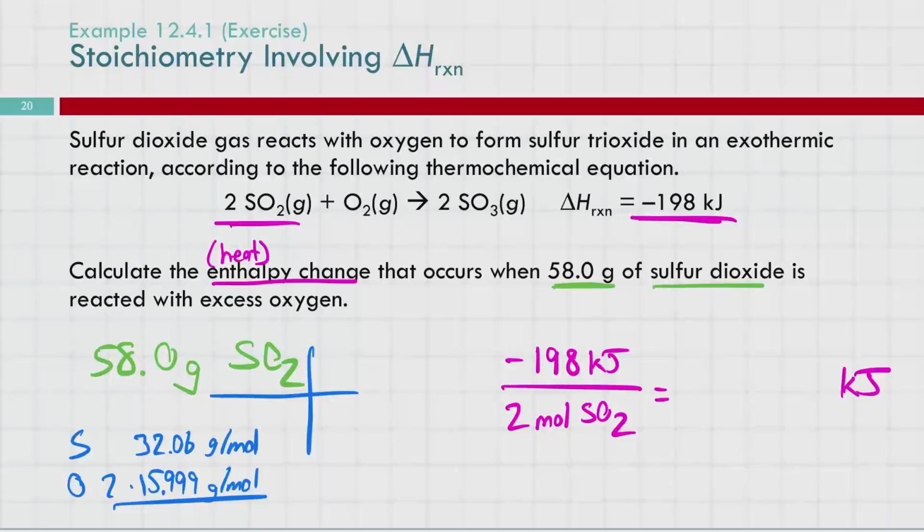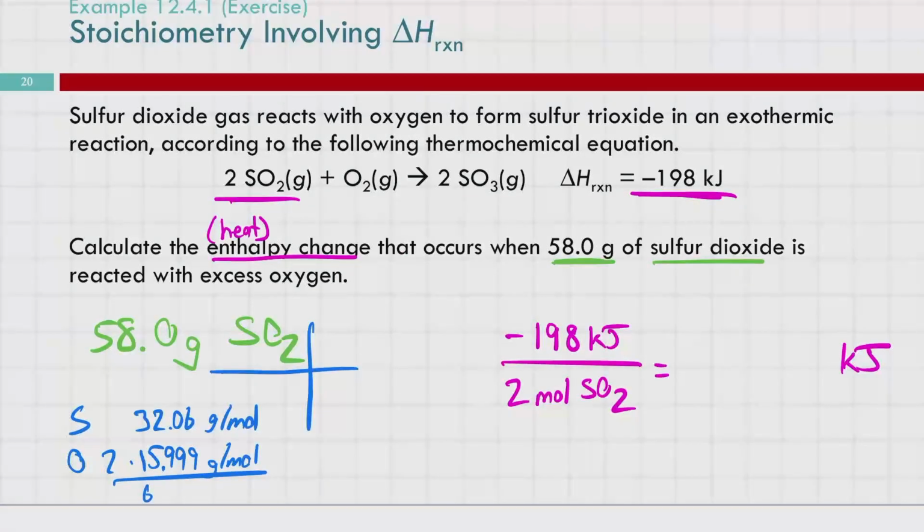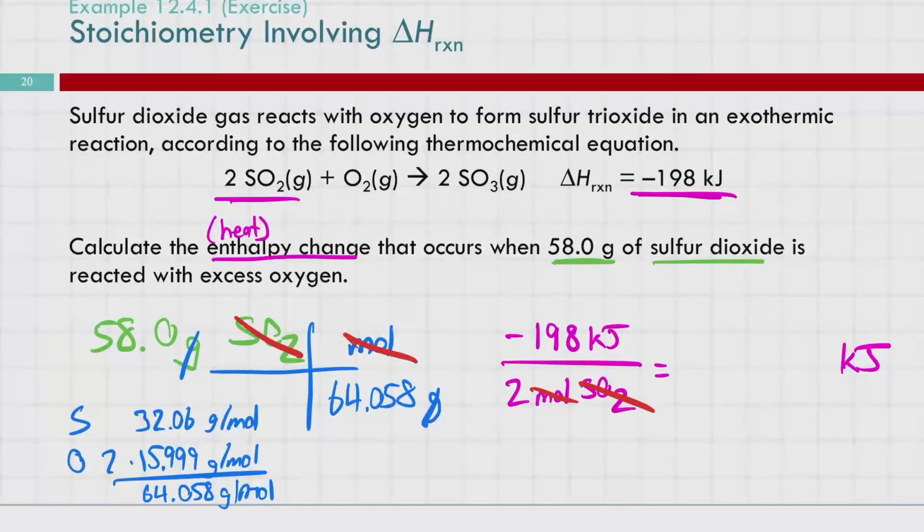So add those up. 64.058 grams per mole. Going to divide, so our units cancel grams, and then the SO2 and the moles will also cancel. We do 58 times negative 198 divided by our molar mass, also divided by, importantly, 2.